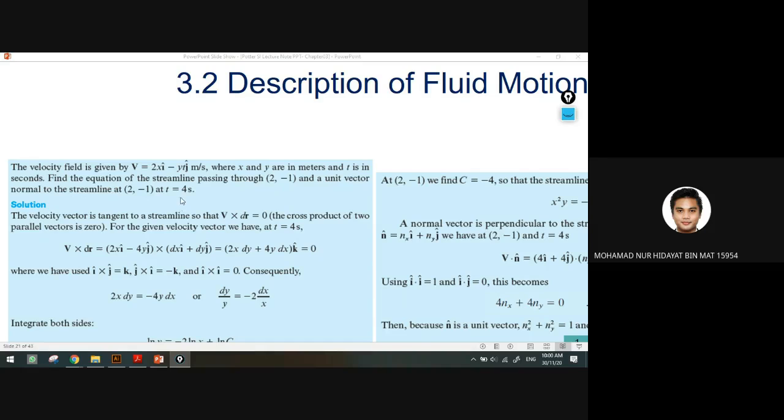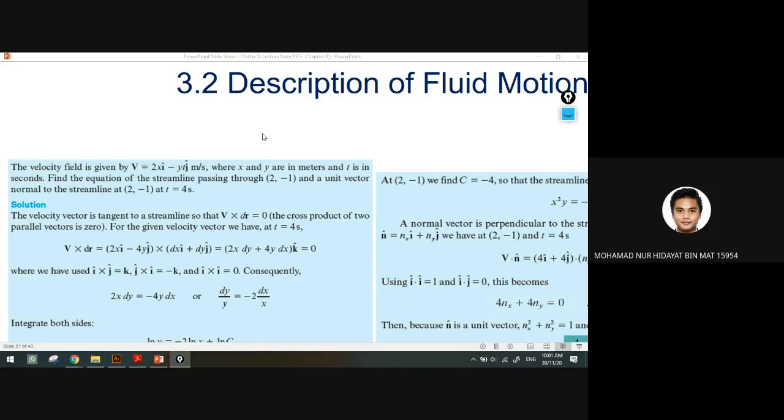So for the solution here, the velocity vector is tangent to the streamline, so V cross dr equals 0. Remember, we have learned the velocity is parallel to the dr direction.